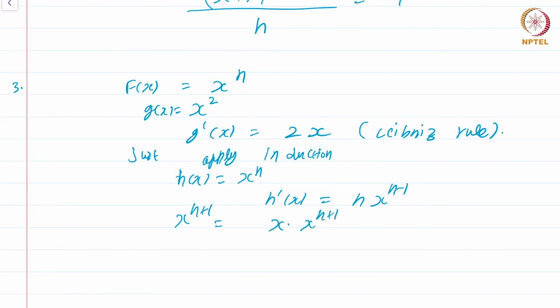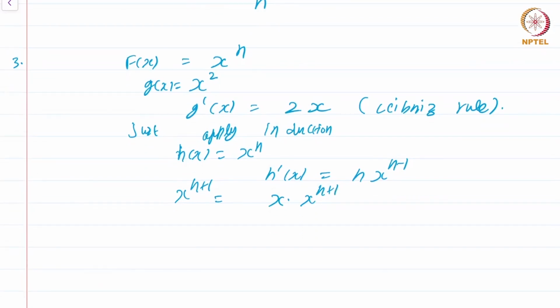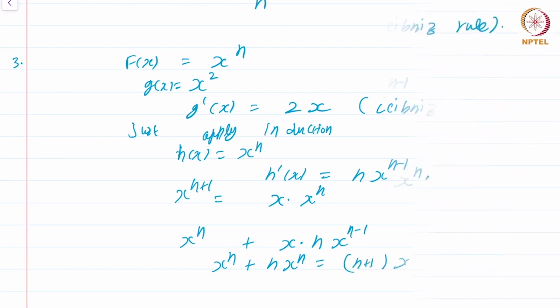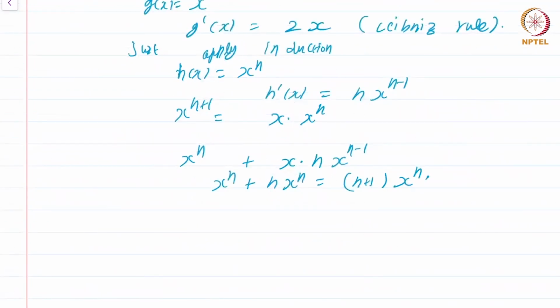Now when you take derivatives, you get x power n plus x into n x power n minus 1, which gives x power n plus n x power n, which is n plus 1 times x power n, which is what you want. There is another way to do it by using an algebraic identity. I leave it to you in the exercises.